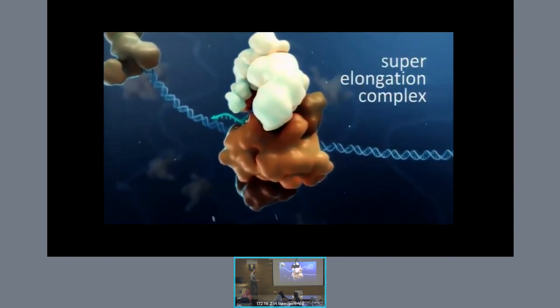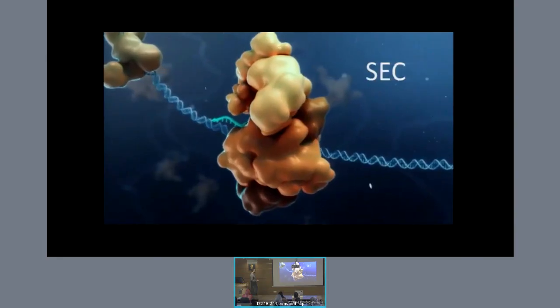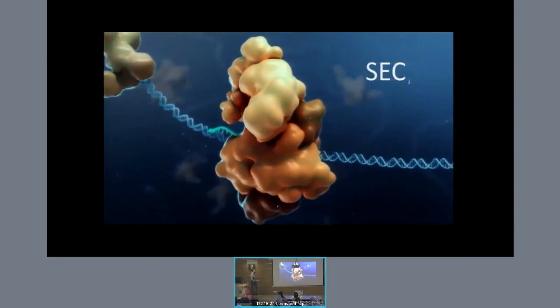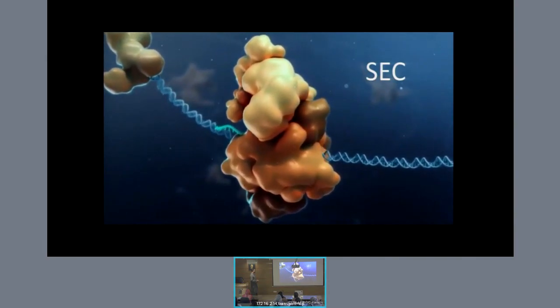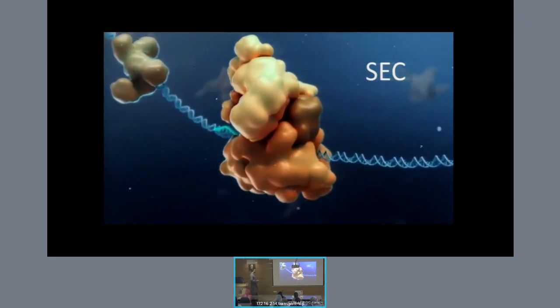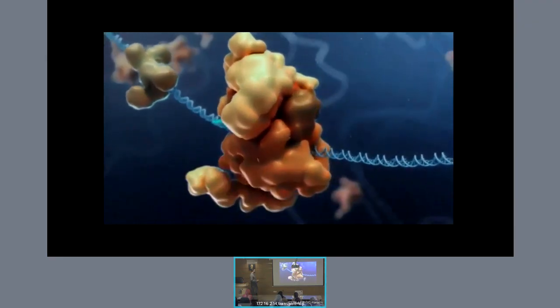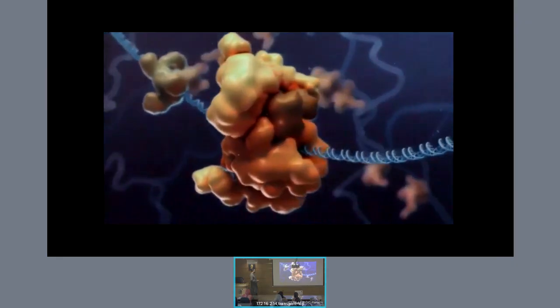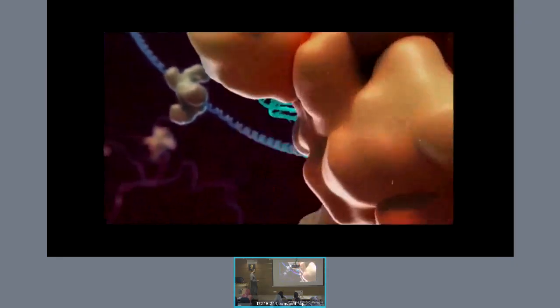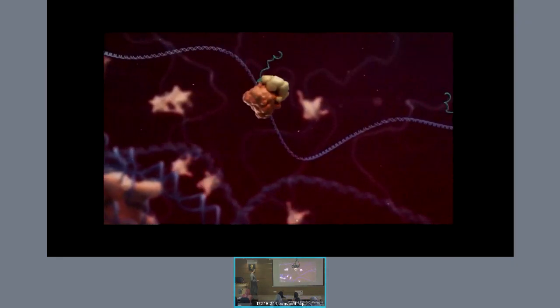The superelongation complex, or the SEC, is a cancer-related complex that removes inhibitory elongation factors and promotes Pol2 activity. In cancer, the SEC speeds up the rate that Pol2 transcribes disease-associated genes, including MYC.